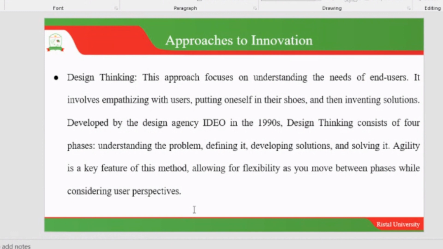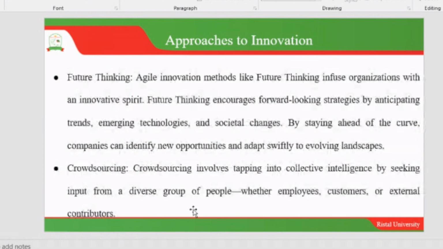So design thinking is in that nature. You understand the problem by putting on the shoes of the users of your intended innovation. You define the problem very well, then you develop the solution and you put in place that solution as an innovation. Obviously, for it to be complete, you have to first test the prototype and then you gather feedback.